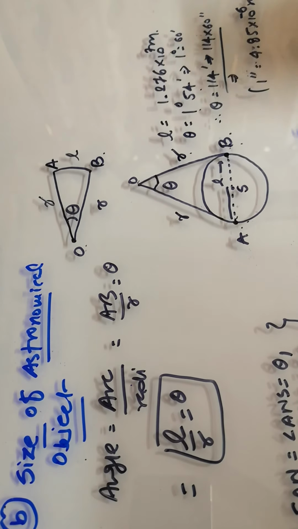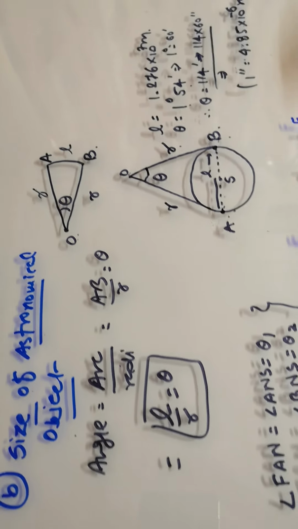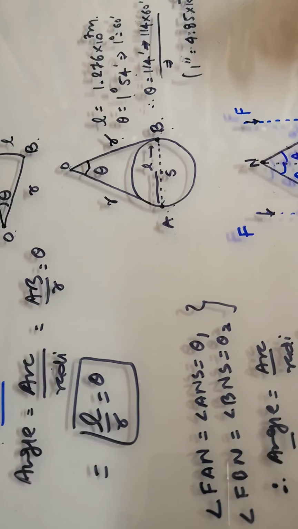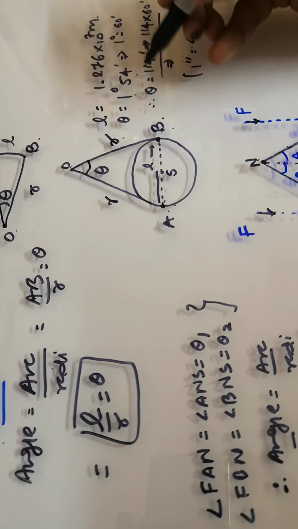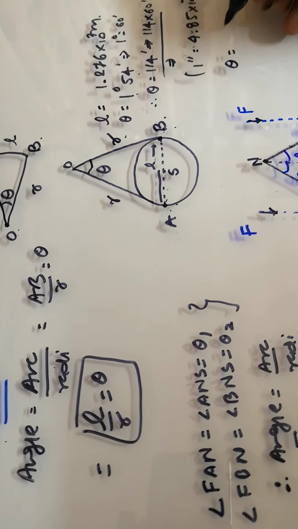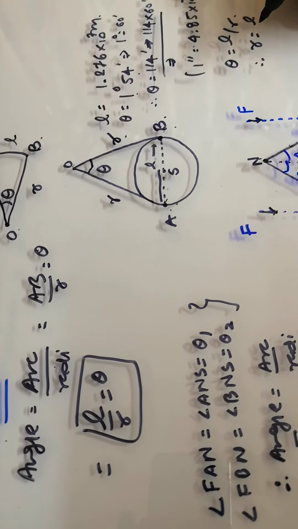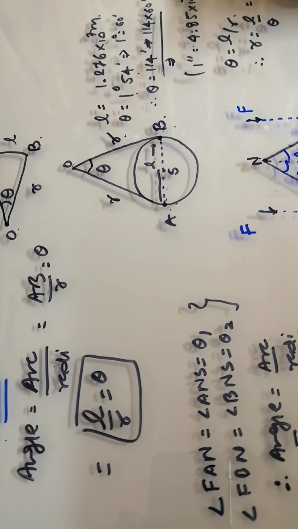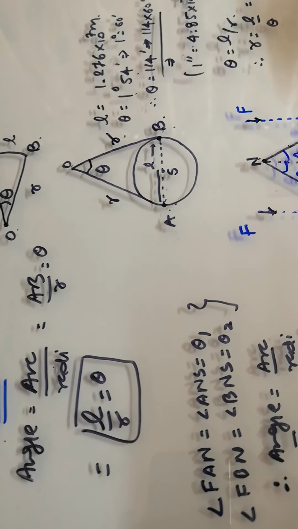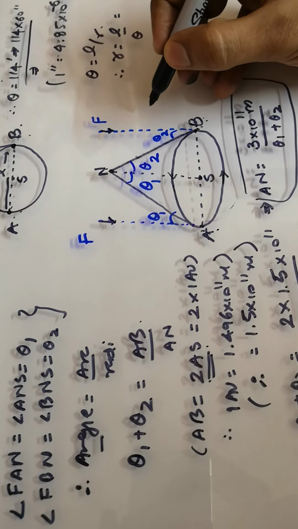So keep that in mind. Now we want to find it out. We have been given the diameter between A and B, and we want to find its distance, which is R. So we have angle equals L by R. I want to find R, which is L by theta. My values of L and theta have been given to me, so let's put those values.